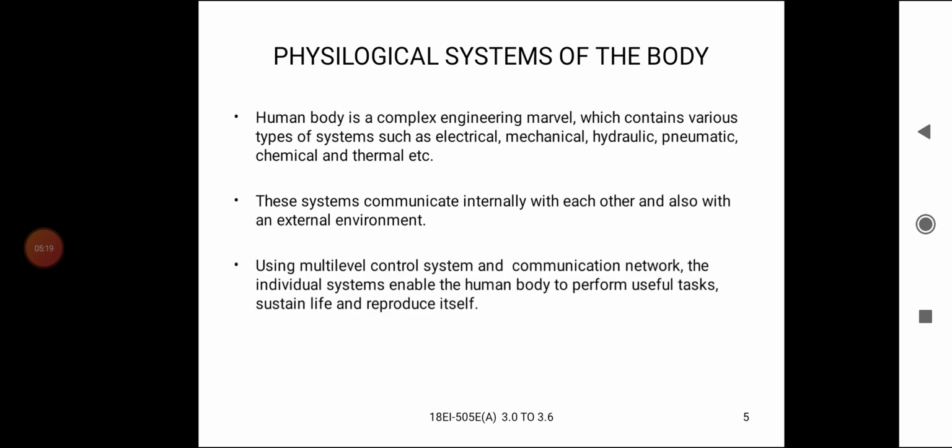Using a multi-level control system and communication network, the individual systems enable the human body to perform useful tasks, sustain life, and reproduce itself.